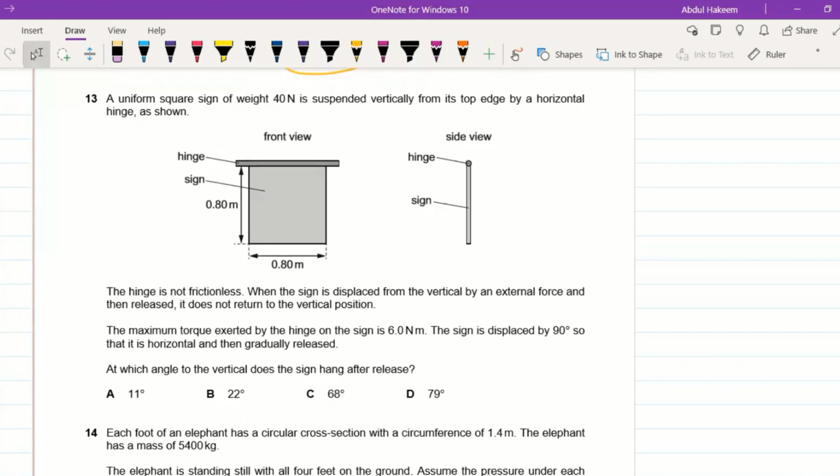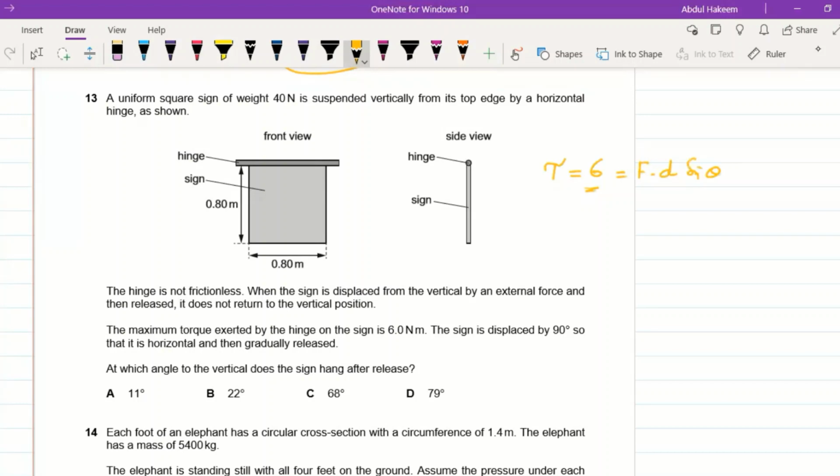Okay, the turning effect is given. The torque is given, and it is 6. But this is equal to Fd. But we have to calculate the angle. So Fd sine theta, because this 6 Newton meter torque is balanced by the rotating torque.